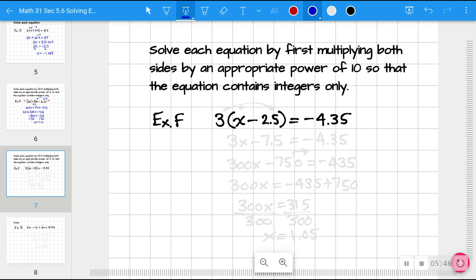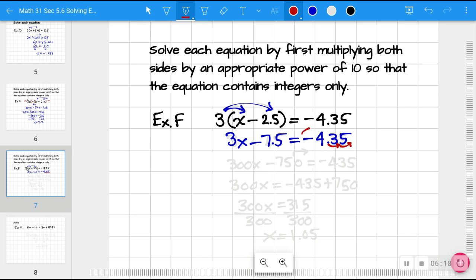Okay, here's another one where we'll start by distributing, but in a minute we're going to clear these decimals out of the problem. 3 times 2.5 is 7.5. Subtract 7.5. And we end up with this line on the second line. Now, if we were clearing just this one, we'd move it over just one spot. But that one spot movement is not enough to clear the decimal out of this one. We have to go 2 spots.